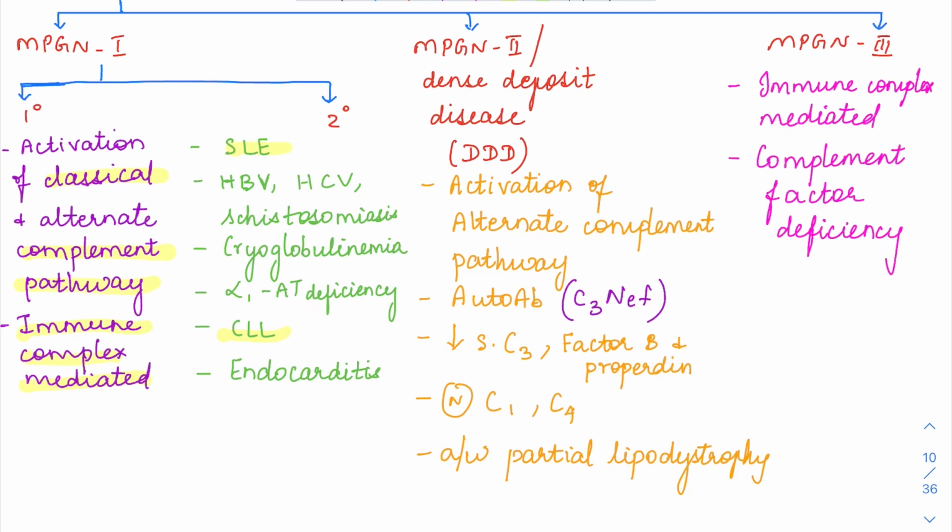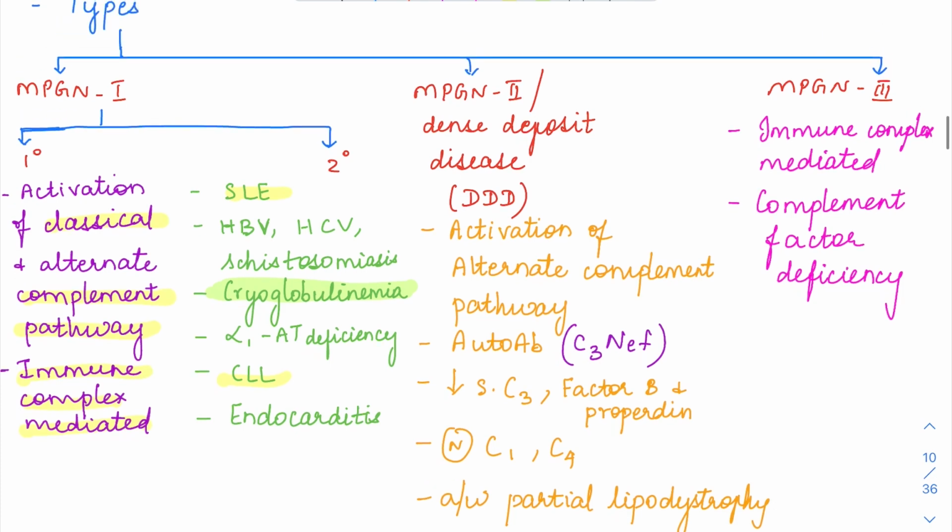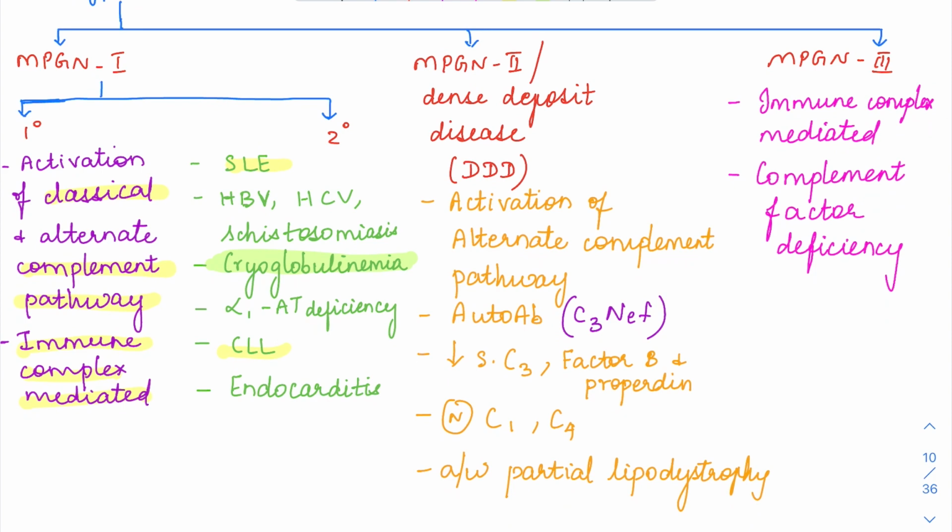So remember, cryoglobulinemia is going to be one of the best examples for MPGN. Cryoglobulinemia can usually trigger either a cryoglobulinemic type of glomerulonephropathy or a membranoproliferative type of glomerulonephropathy. The rest of the infectious causes like hepatitis B, C, schistosoma are associated more with membranous glomerulonephropathy than membranoproliferative. Okay, so MGN more than MPGN.